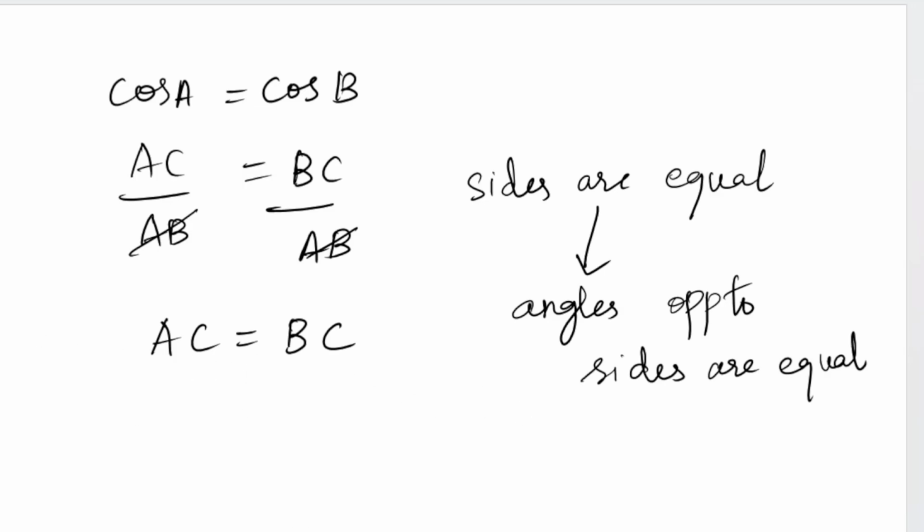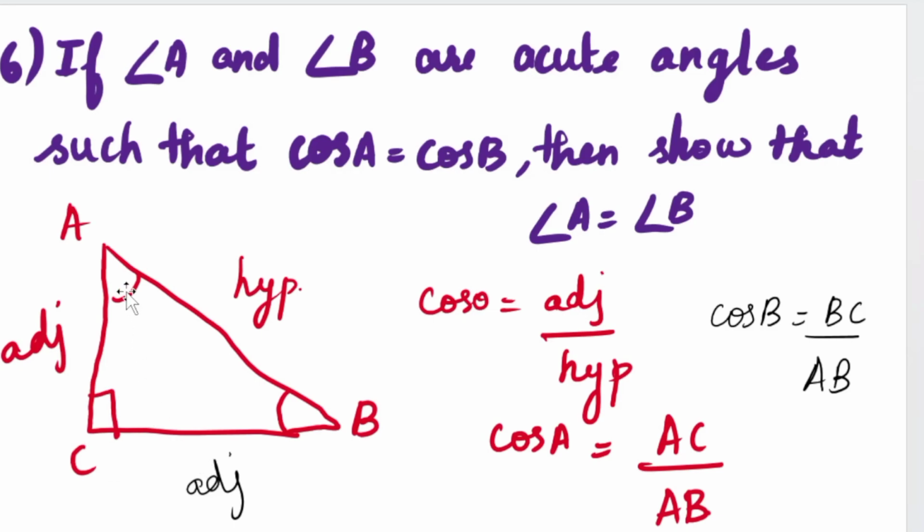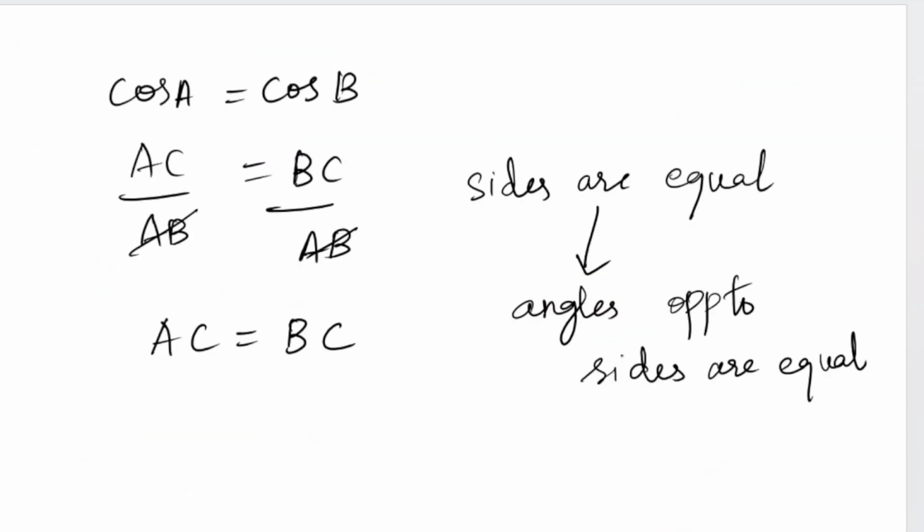Here, AC and BC sides are equal, so the angle opposite to AC, the angle B, and the angle opposite to BC, the angle A, both are equal. That is what they have asked us to prove also. Angle A and B is equal, which implies angle B is equal to angle A. Okay. Thank you.